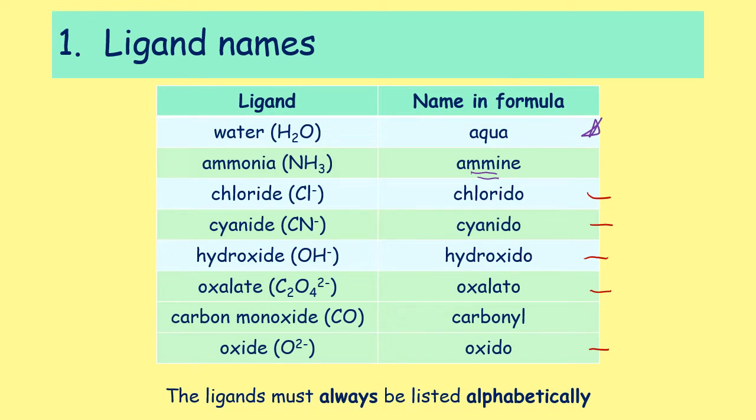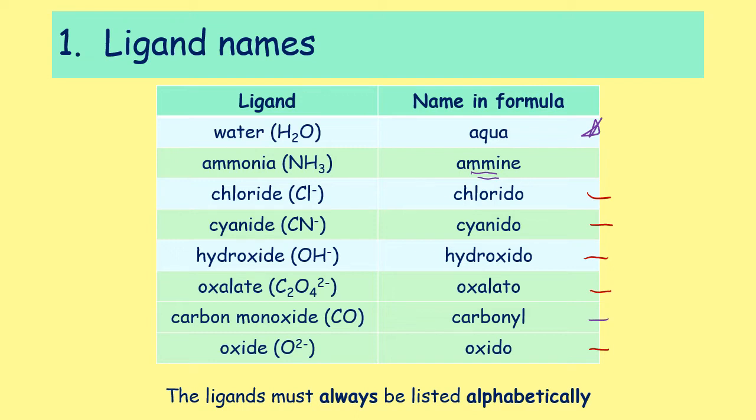If you use a single M, it would be amine, and amines are a new homologous series you learn in Unit 2. So you need to spell it correctly so that there's no ambiguity. It has to be ammine for ammonia. And then carbon monoxide, which is a rarer one to show up, but carbon monoxide turns into carbonyl.